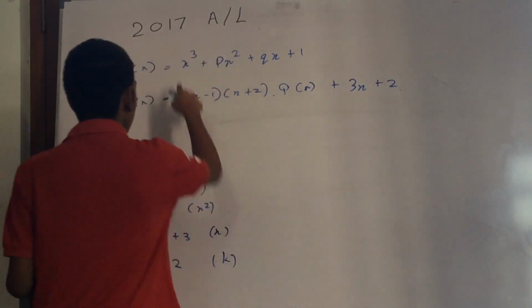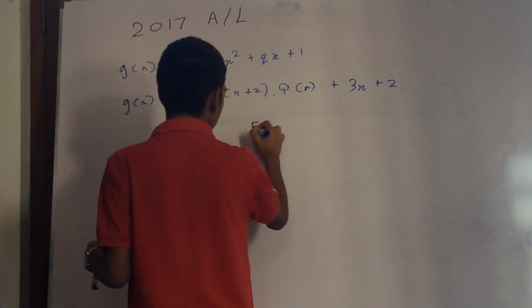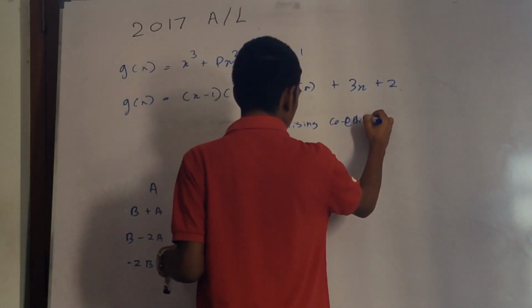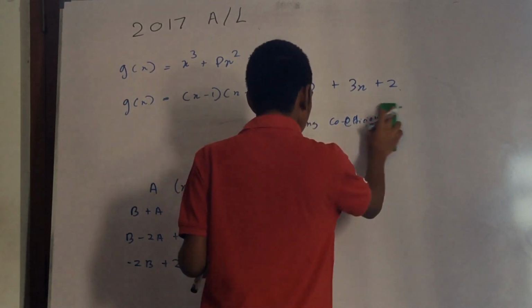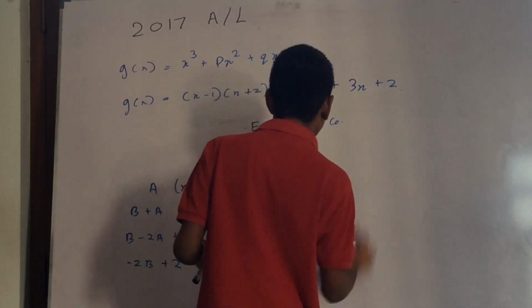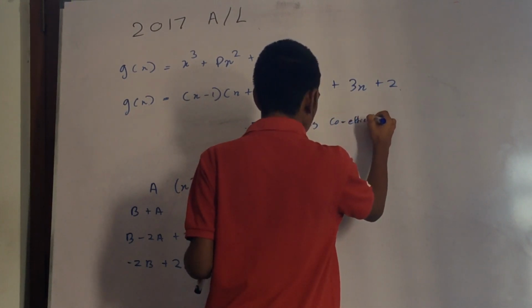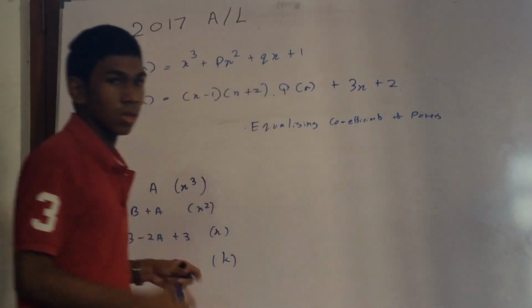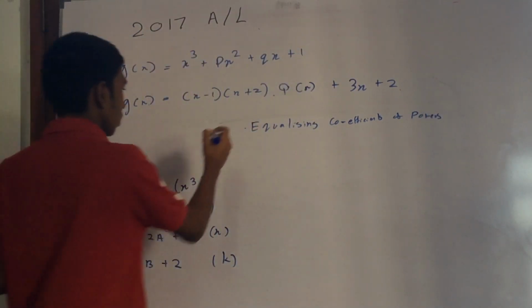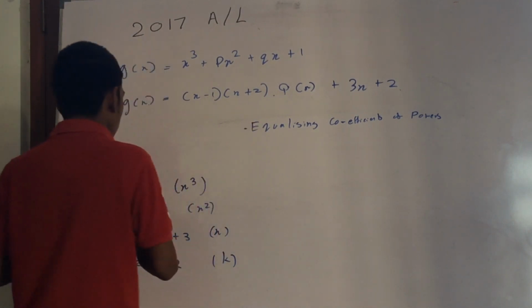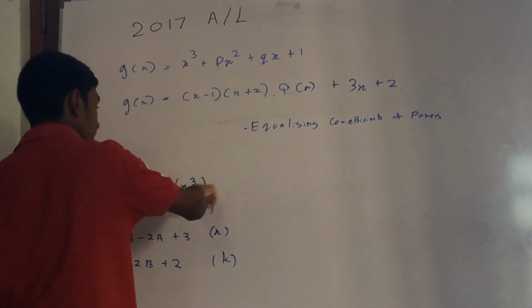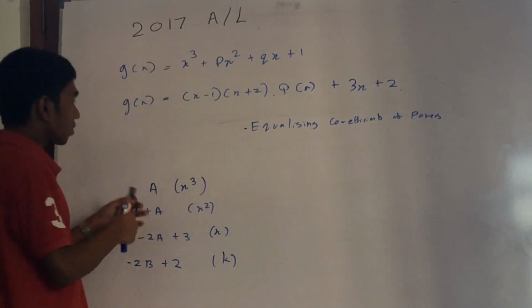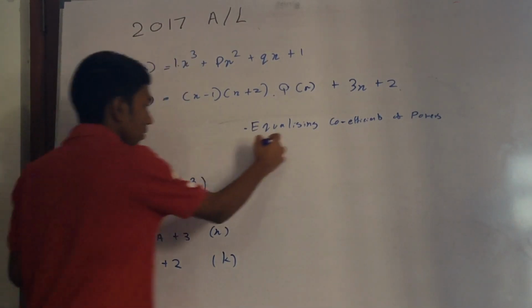Equalizing coefficient of powers. Here ax cube is here and x cube is also here. So the coefficient of x cube is 1. So a is equal to 1.